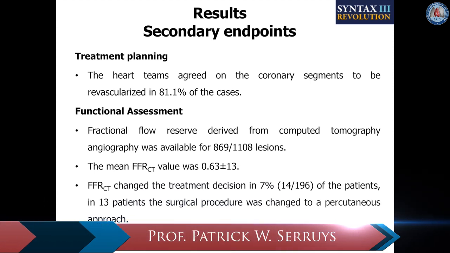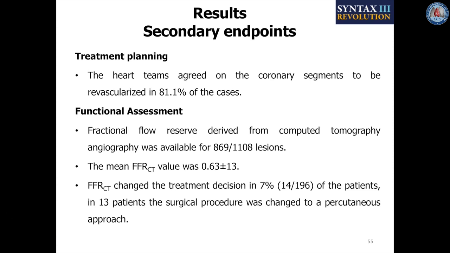of the cases. The fractional flow reserve derived from computed tomography and angiography was available in a high percentage of lesions. The mean value was 0.63, and the fractional flow reserve derived from CT changed the treatment decision in 7% of the patients.